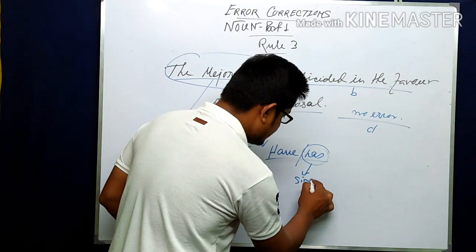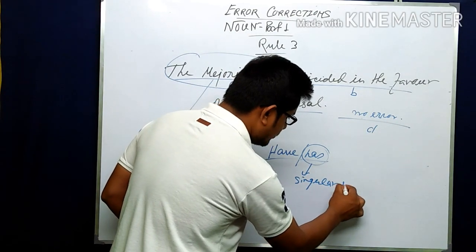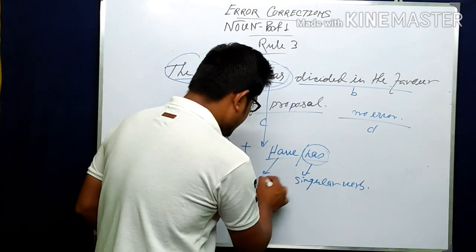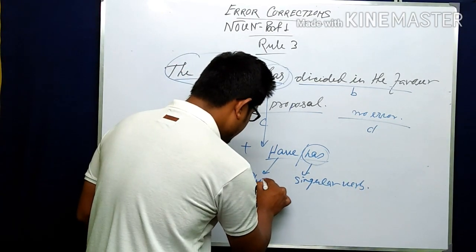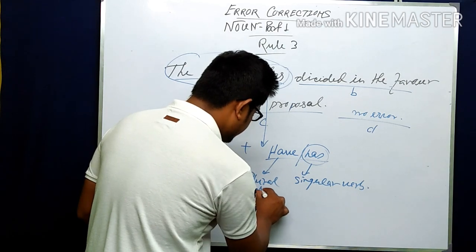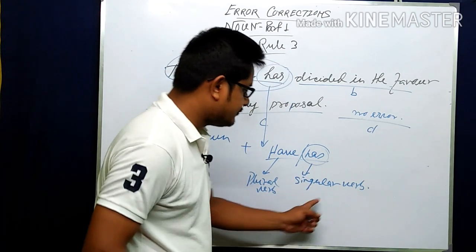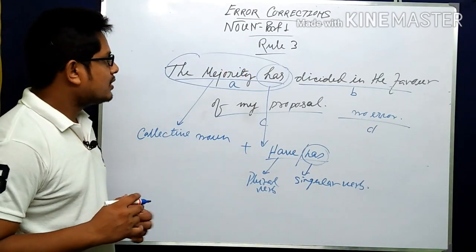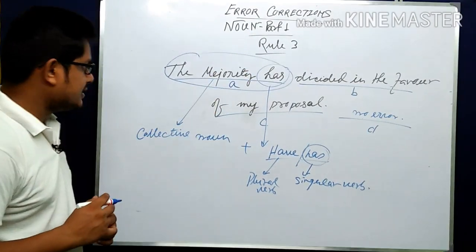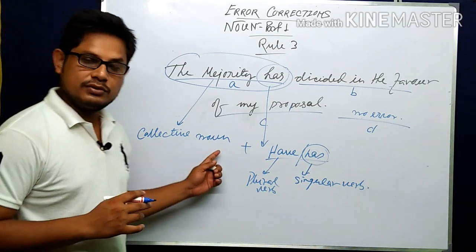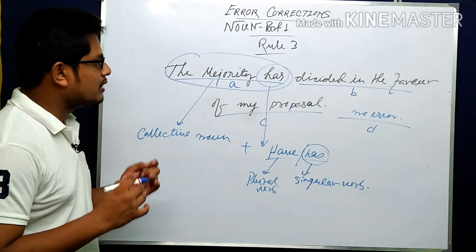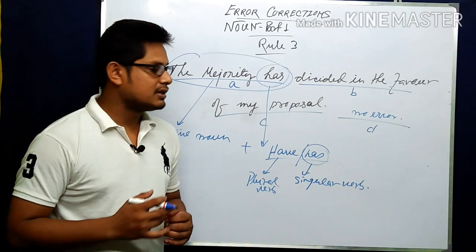This is a singular verb. Clear? Have and has. Have we generally use as a plural verb and has for a singular verb. So why is it wrong? Because rule number 3 says that there are some collective nouns that are used only as plural. Clear?